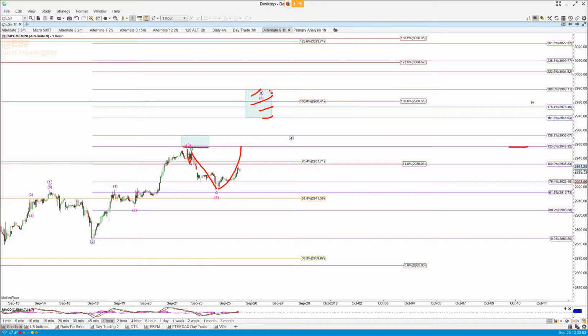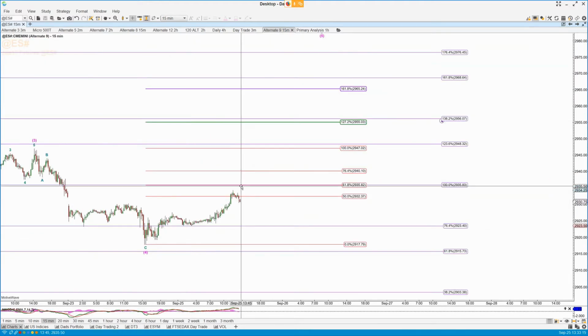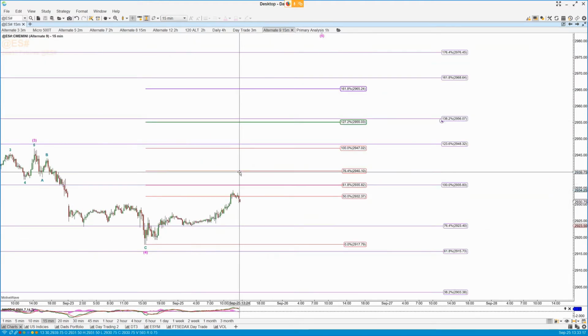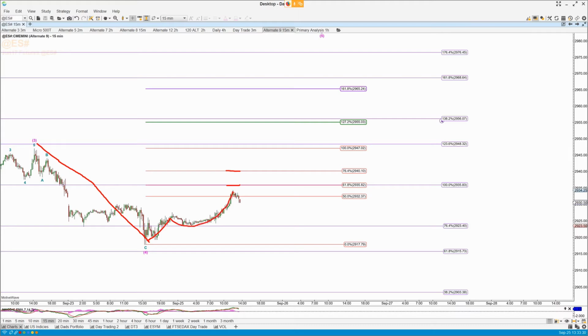This is the target region between 29.68 and 29.89 for the 3 of 3 of 3 in the straightforward impulse count. And if I then bring that down to the 15-minute chart, we've got a clear 29.36 and 29.40 today. That's the 618 and 764 retrace fibs against this move down here. So we need to see those cleared.